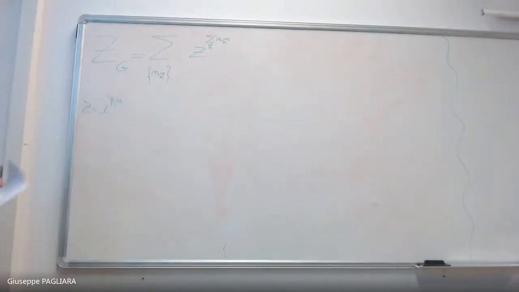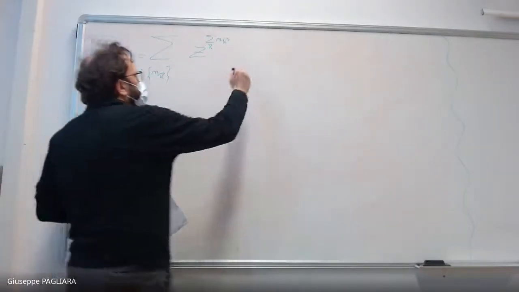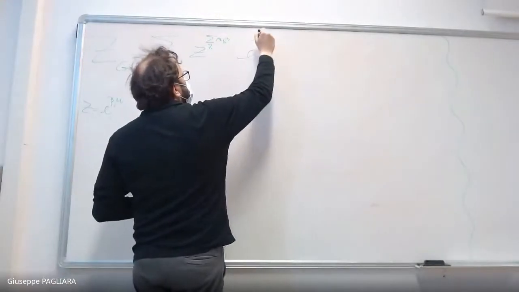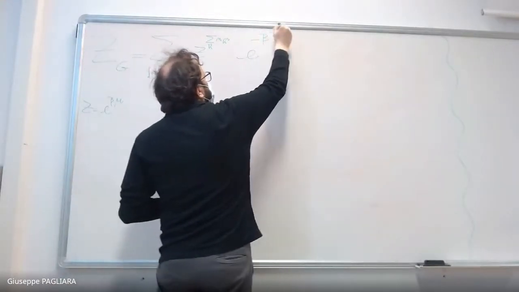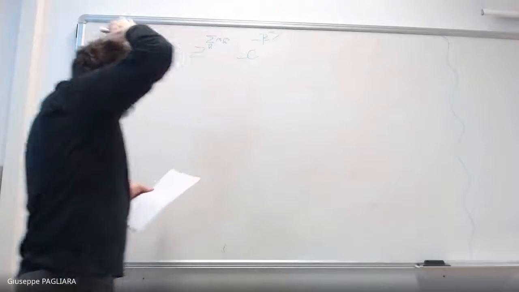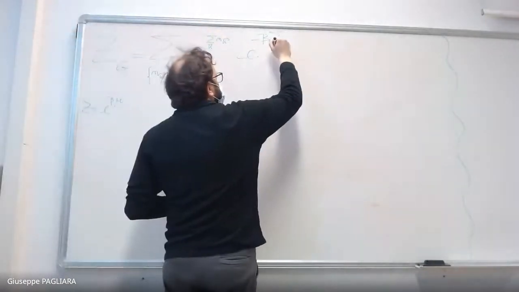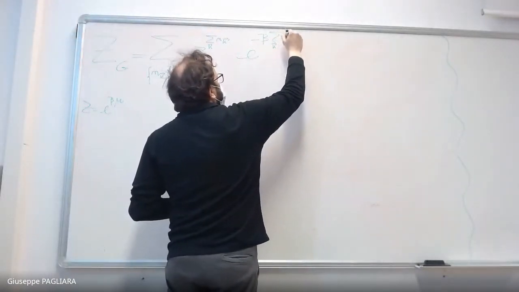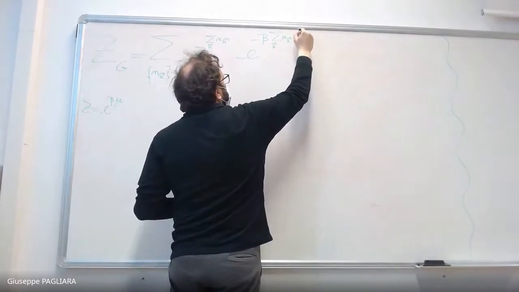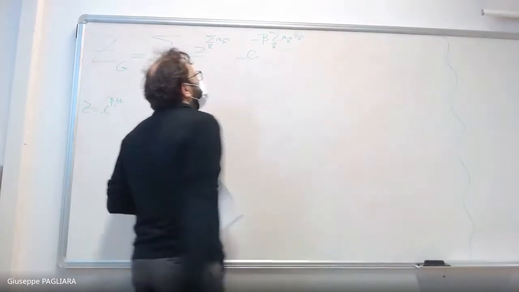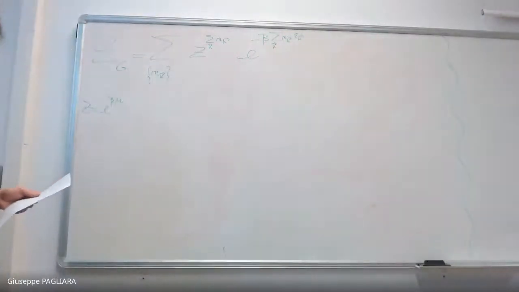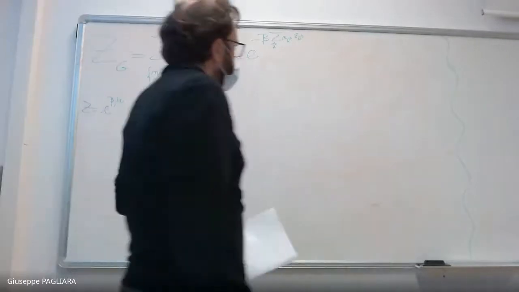And then, as before, we have the exponential e to the minus beta sum over k of nk epsilon k. So here I have no limit.